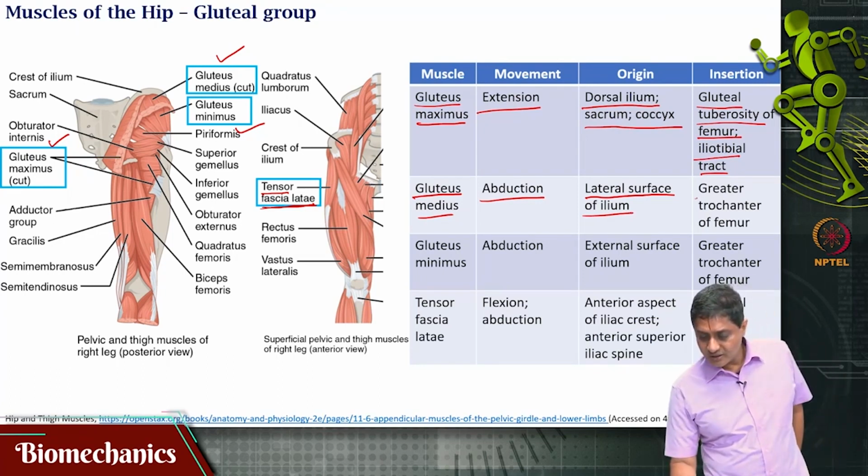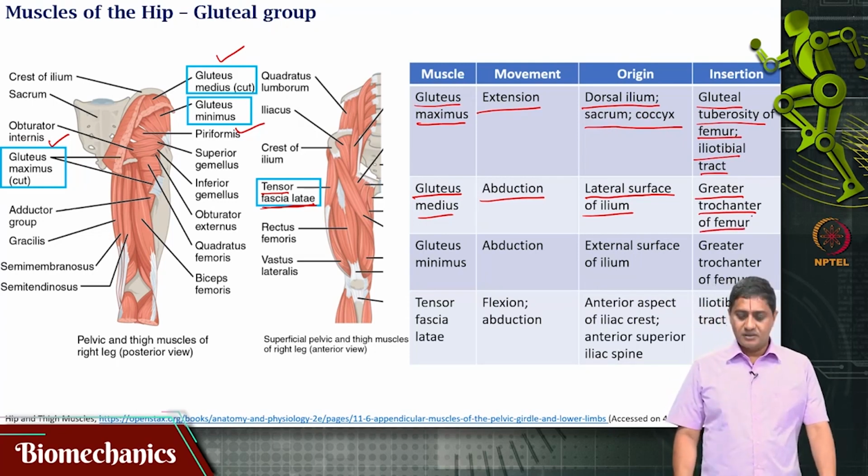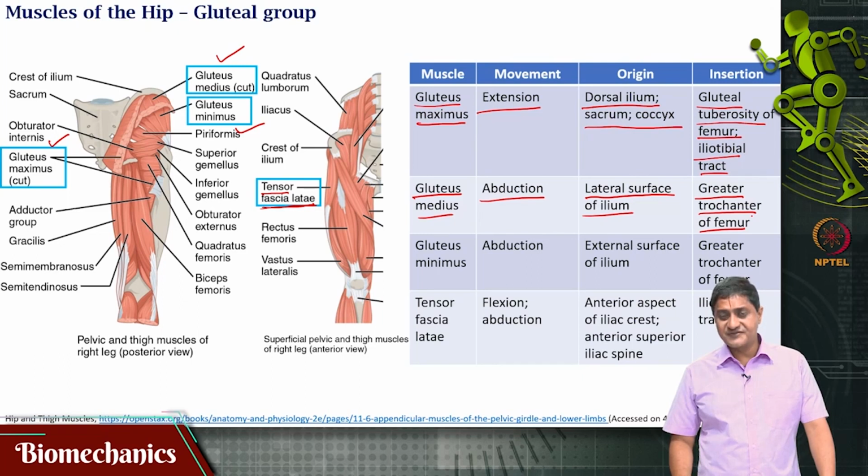Insertion is the greater trochanter of the femur. Gluteus minimus is the deeper muscle, relatively smaller. Its function is abduction. It is on the external surface of the ilium or the iliac bone, and its insertion is on the greater trochanter of the femur.